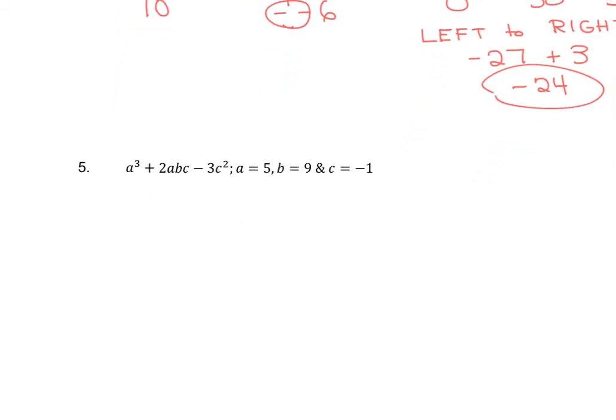All right, the last one's a doozy. We have this long thing, a to the 3rd plus 2abc minus 3c squared. We have a equals 5, b equals 9, c equals -1. So we have a in a couple places, b in that one place, and c in a couple places as well.